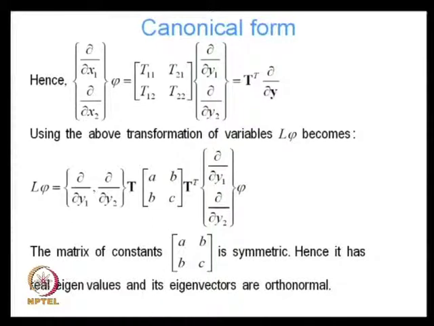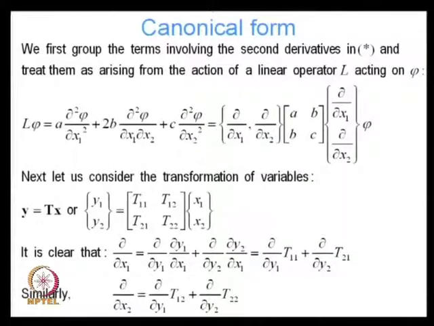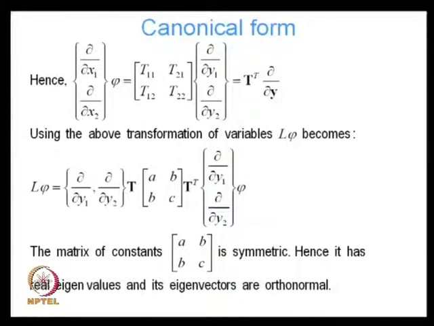Using the above transformation of variables, what does L phi become? Well, let us look at L phi again. So, it is del del x1 del del x2, right. So, that I can write as del del y1. So, this is just the transpose of this equation, right.